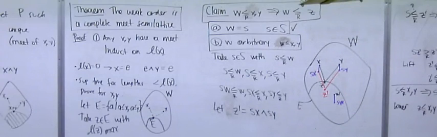Well, by rewriting this one as, let me subtract 1 from both sides. So what's L of z minus 1? It's L of sz. That's L of z minus 1. And what's L of sz prime minus 1? It's L of z prime.